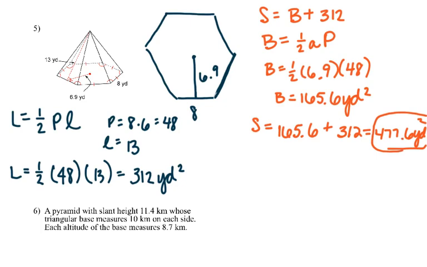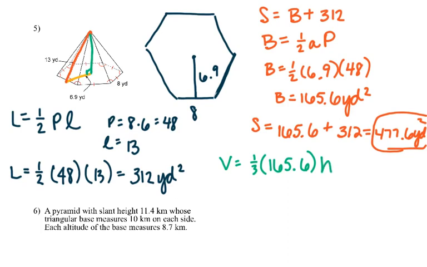Okay. All right, volume. Volume is 1/3 of the area of the base, which was 165.6, times the height of the pyramid. Now here we go again. The height goes from the vertex and is perpendicular and intersects with the apothem and the slant height. And it makes a right triangle.